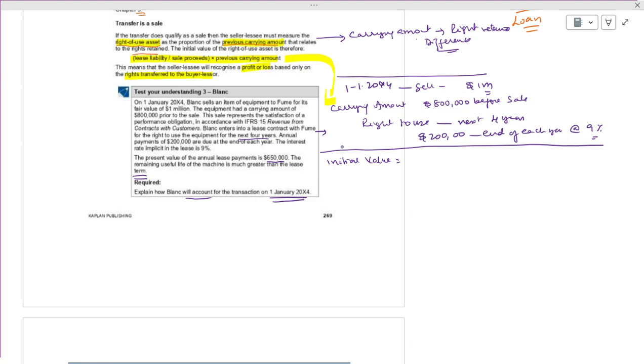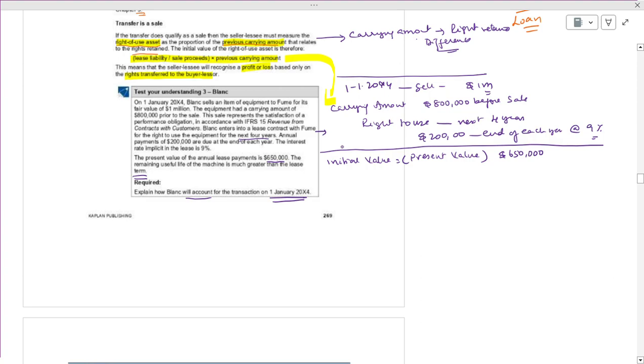No, the initial value: always the initial value will be the present value. So the lease liability is 650,000.